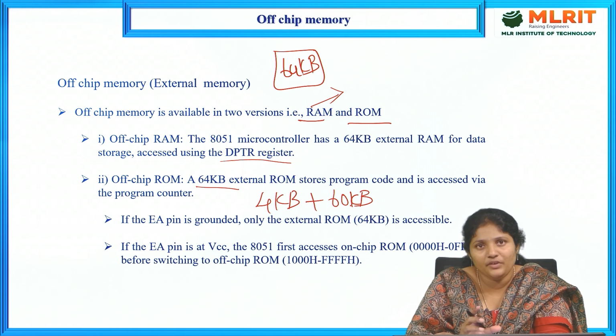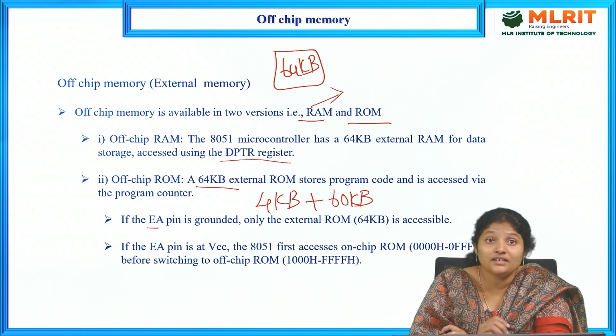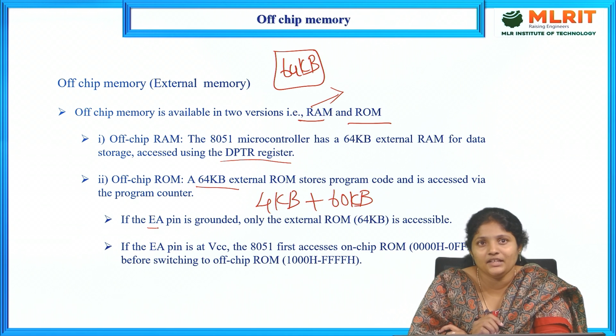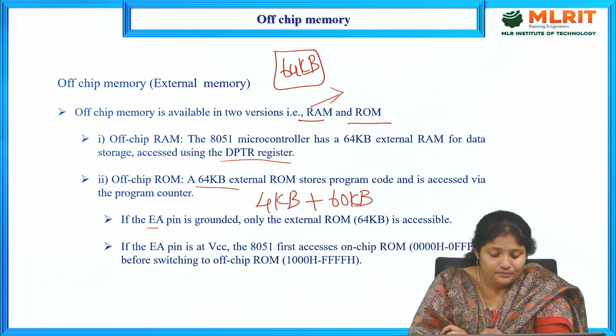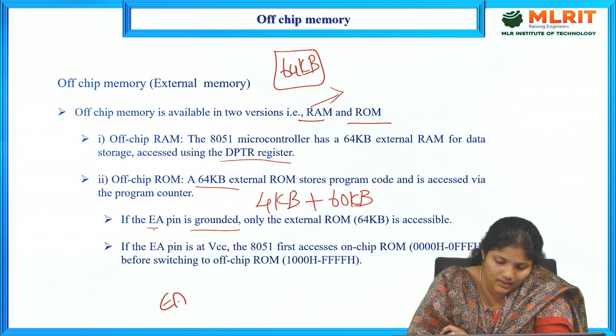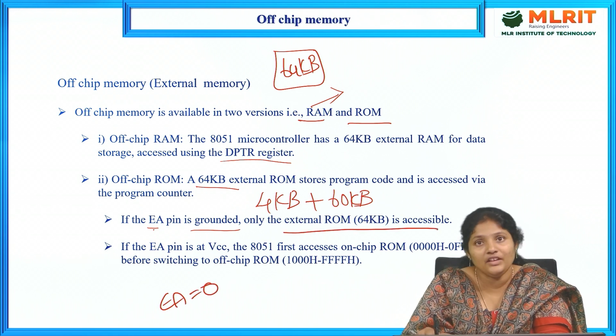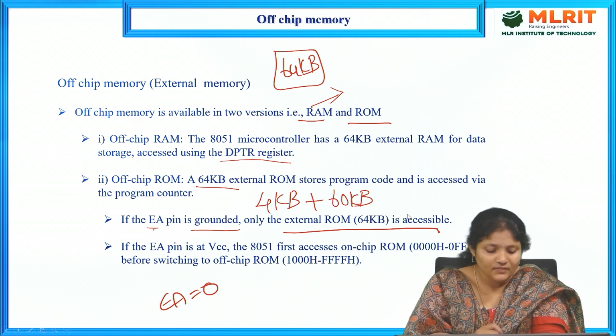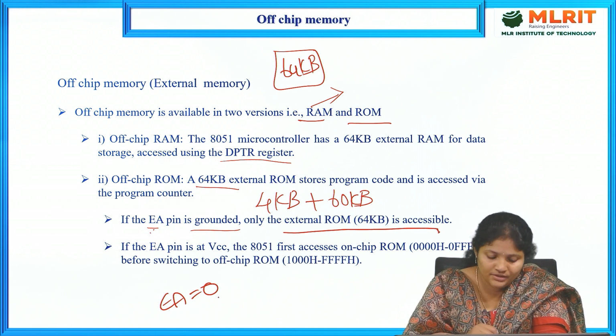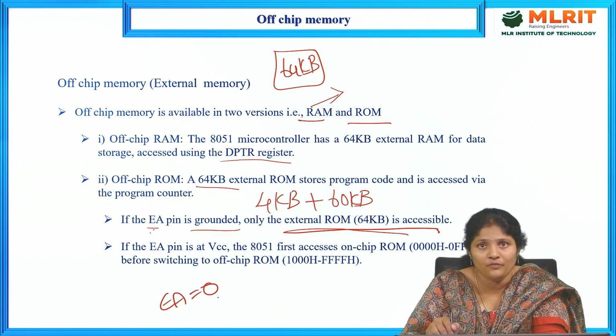So how does it fetch internal while using the external? It depends on the EA pin, the external access pin in the pin diagram of 8051. If the EA pin is grounded, that is EA equals 0, then only the external ROM will be accessible.